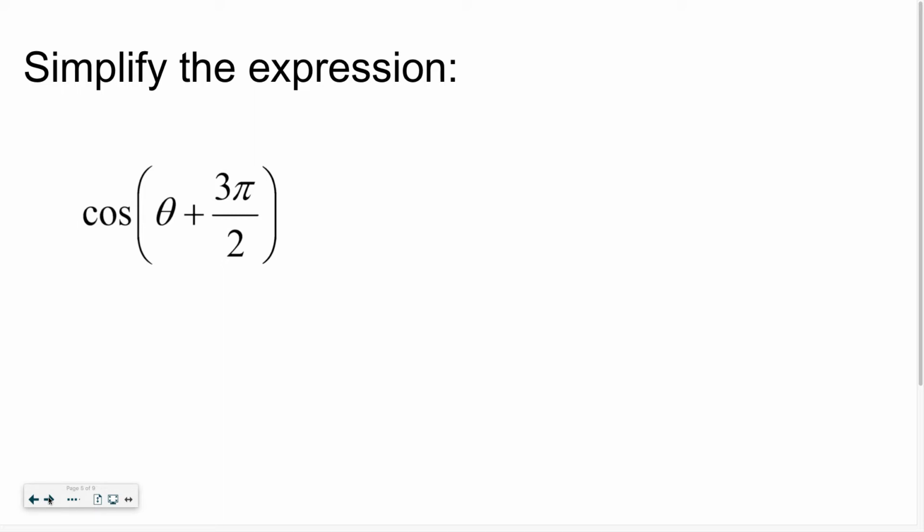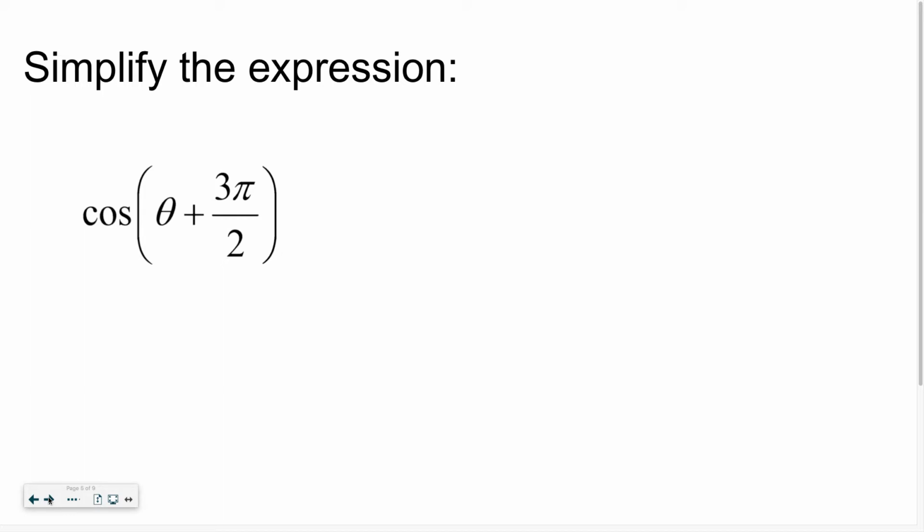What's the other big difference from the sine formula to the cosine formula for sum and difference? What are you multiplying together? Cosine and cosine. Yeah, you multiply the cosine of the two angles, and then you add or subtract the product of the sines of the two angles. So in the previous problem, it was like the sine of one and the cosine of the other, and then swap them.